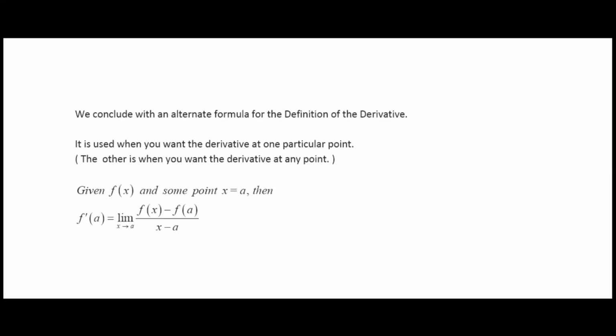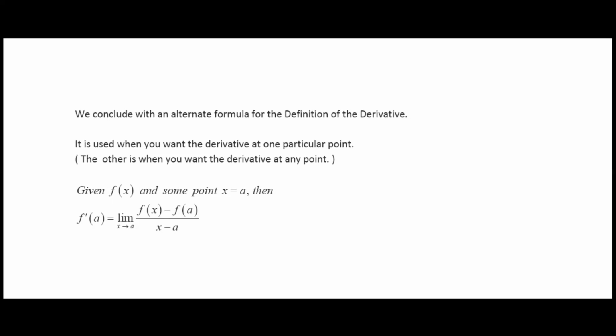We conclude with an alternate formula for the definition of the derivative. This is important because it appears in textbooks. It allows you to find the derivative at a point. What we've been finding is the derivative for any point. So if your instructor gives you an equation and asks you to find the derivative or slope for 10 different points, you want to do what we just did, find an answer in terms of x and then put in each of the 10 different points.